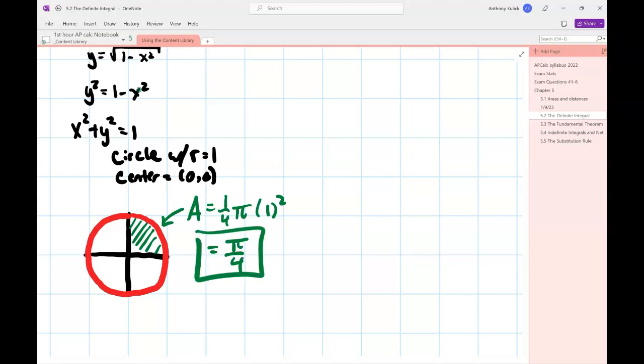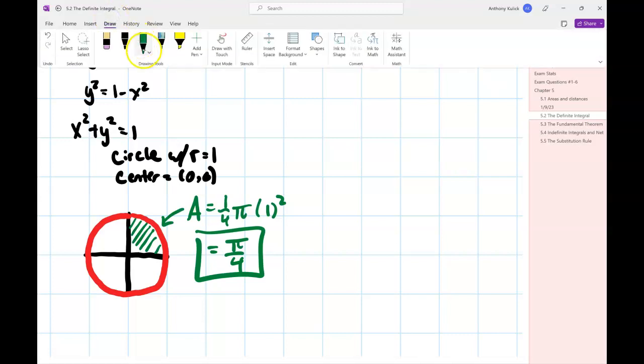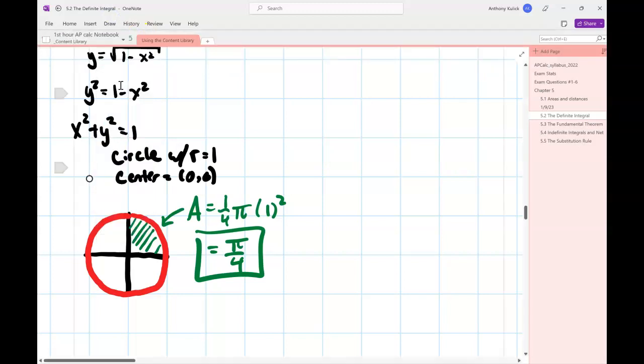Done. Well, that was a lot easier than having to jump through all those hoops with the sums and doing the summation formulas and all that nonsense. That was pretty straightforward, actually.